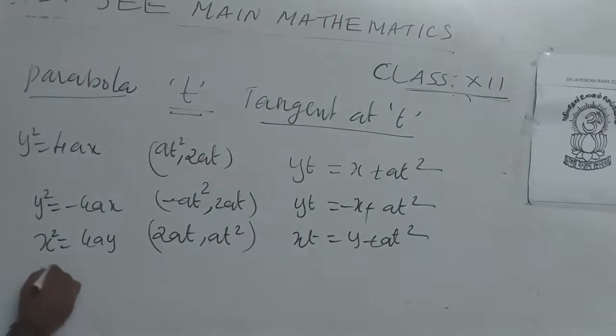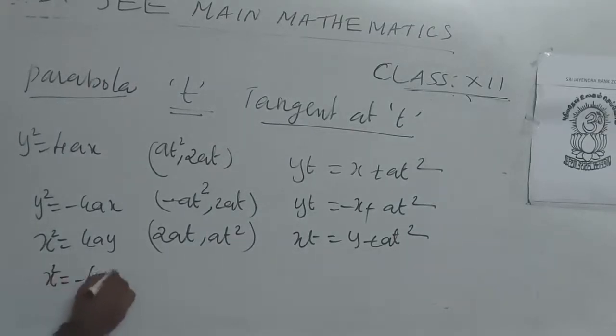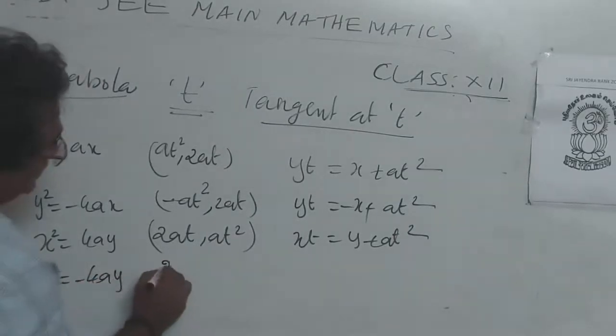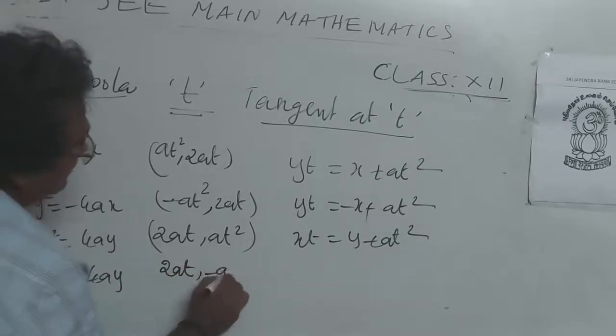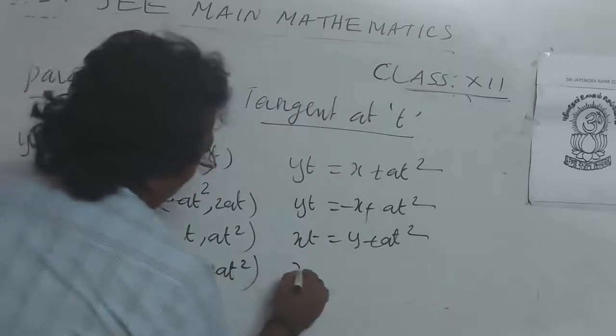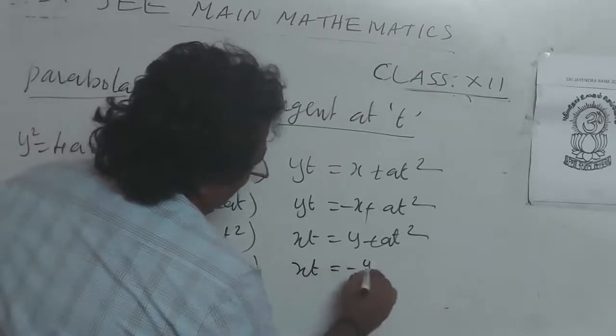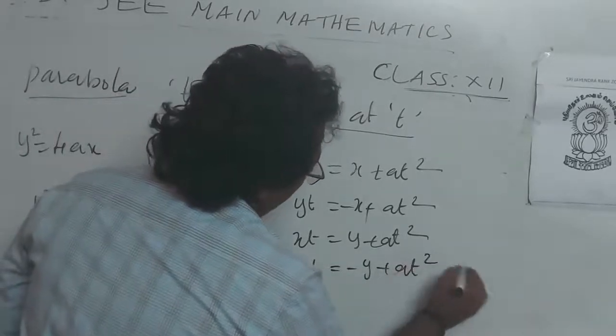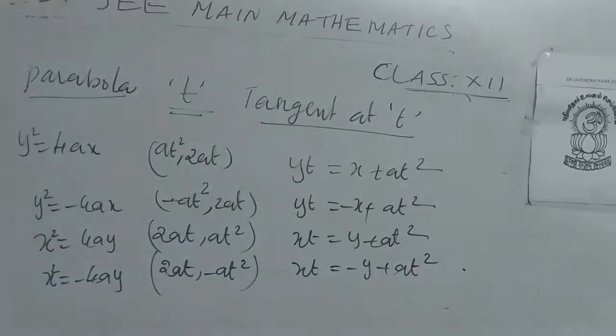For x squared equal to minus 4ay, the point is 2at comma minus a t squared, and xt equal to minus y plus a t squared. We should know the equation of tangent in different forms concerning different parabolas.